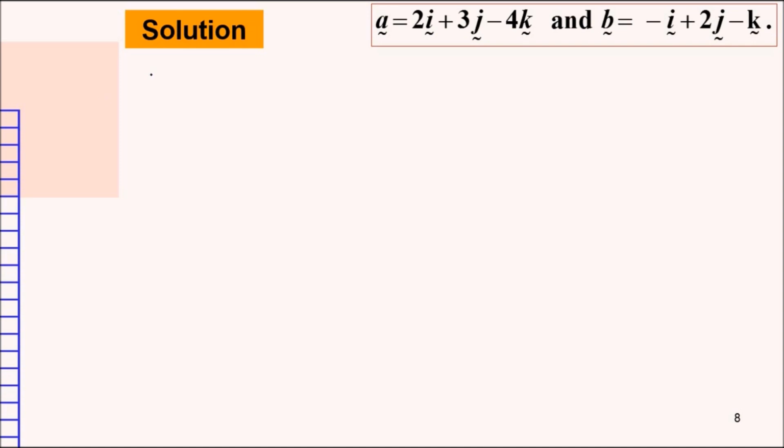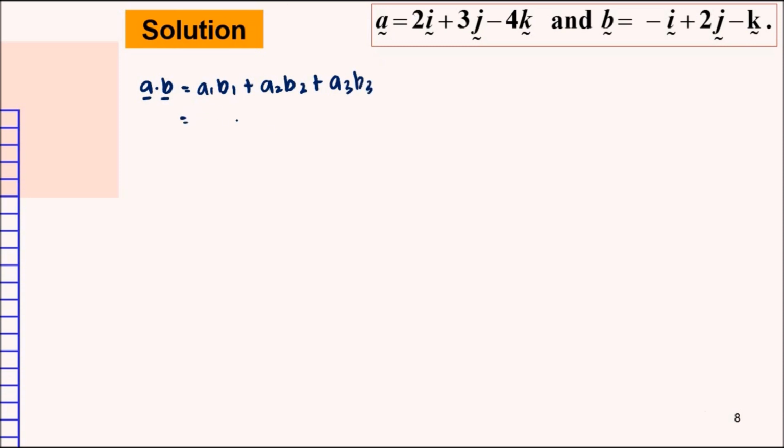So we want to find the dot product A dot B. For A dot B, what we are taking is A1 times B1 plus A2 times B2 plus A3 times B3.